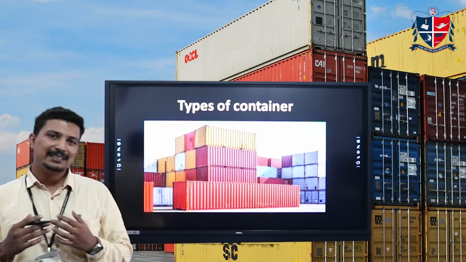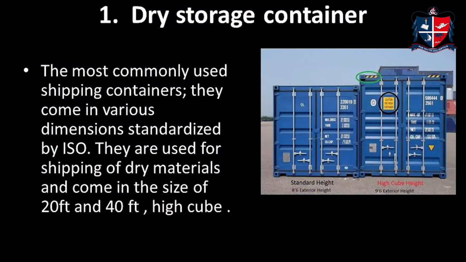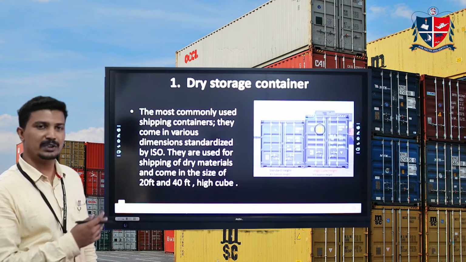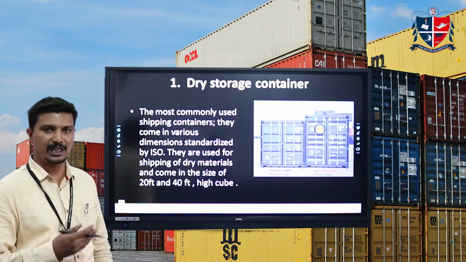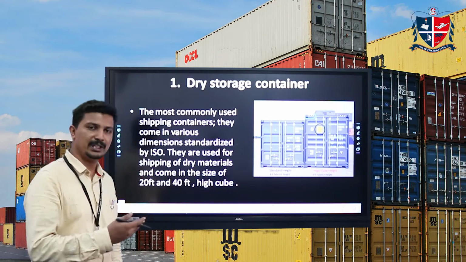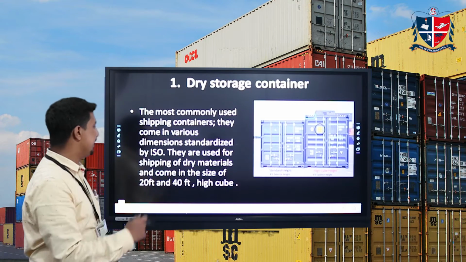So there are a number of containers. We are discussing the basic types of containers only. There are different types of containers. The first type of container is the dry storage container. These are the most commonly used shipping containers. They come in various dimensions standardized by ISO, a standard dimension universally applicable all over the world. They are used for shipping of dry materials.